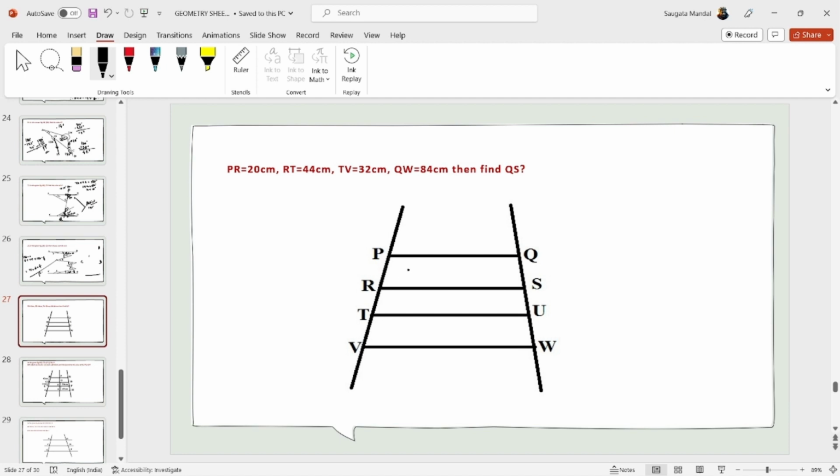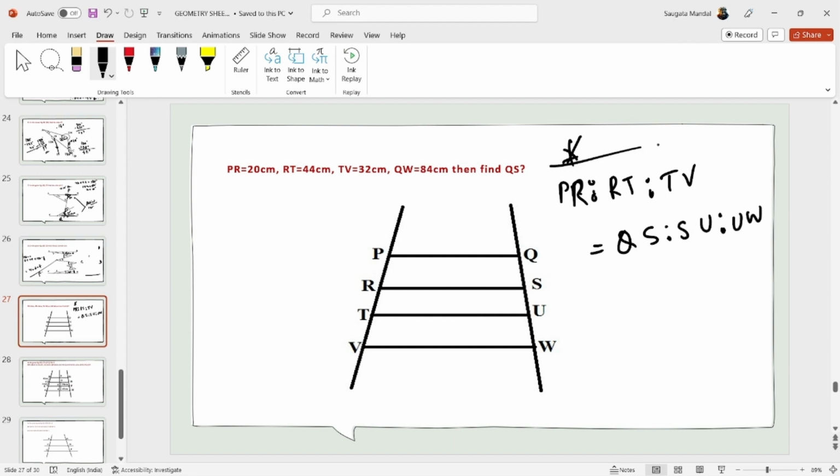Here you see that the parallel lines PQ, RS, TU and VW are parallel lines and PV, QW are transversals. So you can easily remember that the ratio of PR, RT, TV is equal to the ratio of QS, SU, UW.